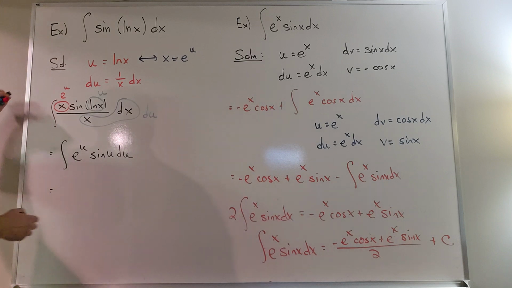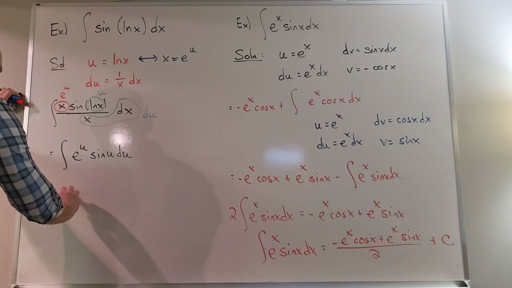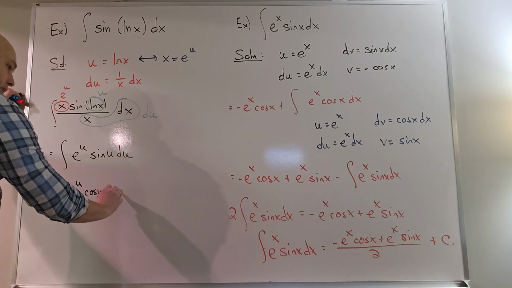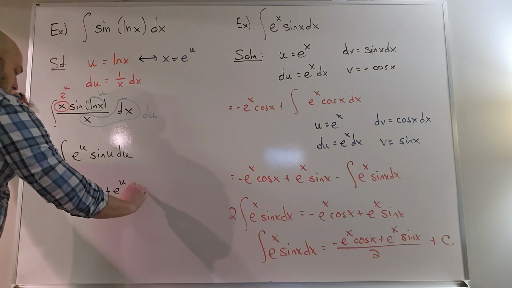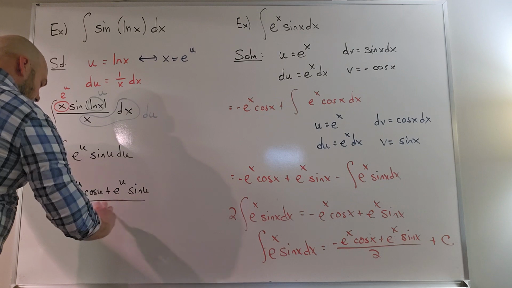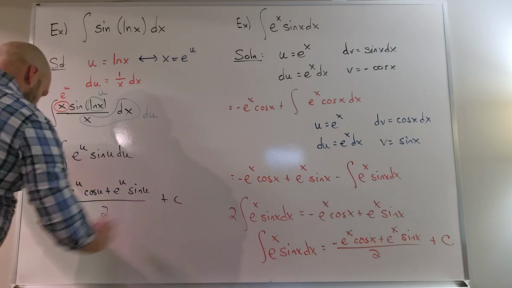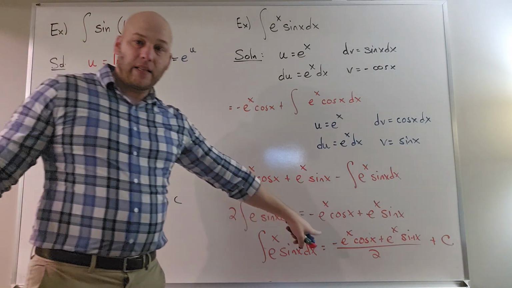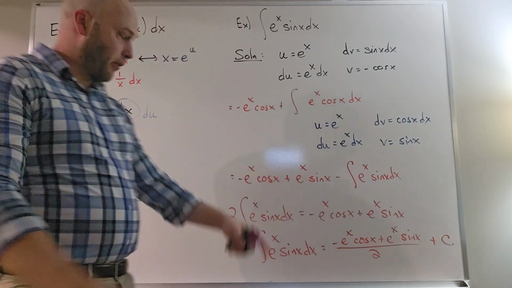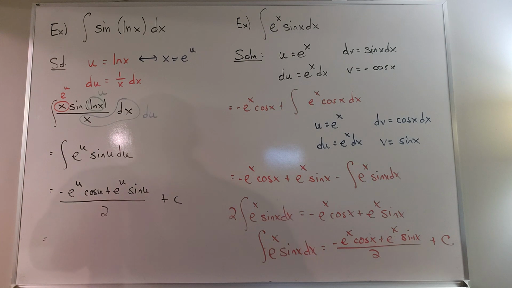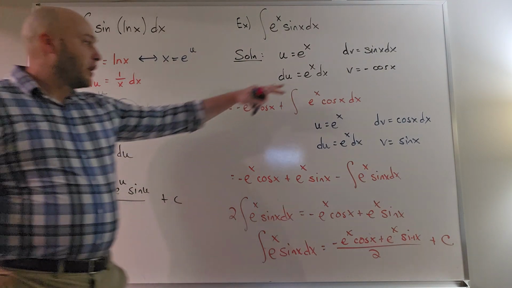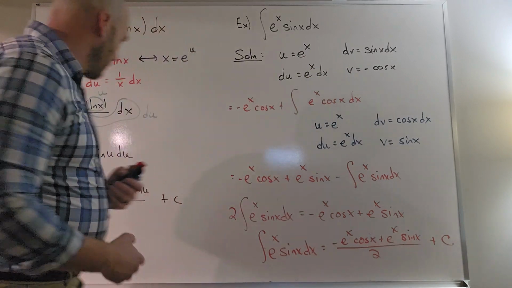So this would be negative e to the u cosine of u plus e to the u sine of u, over 2, plus c. If I didn't have this result handy, we know how to integrate this by using the integration by parts technique twice.